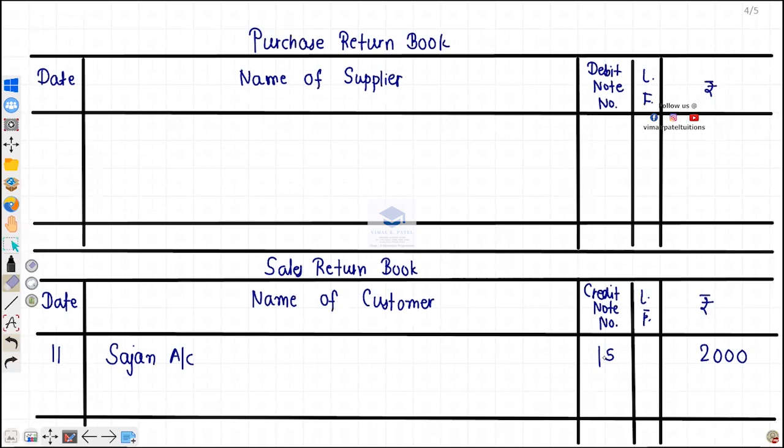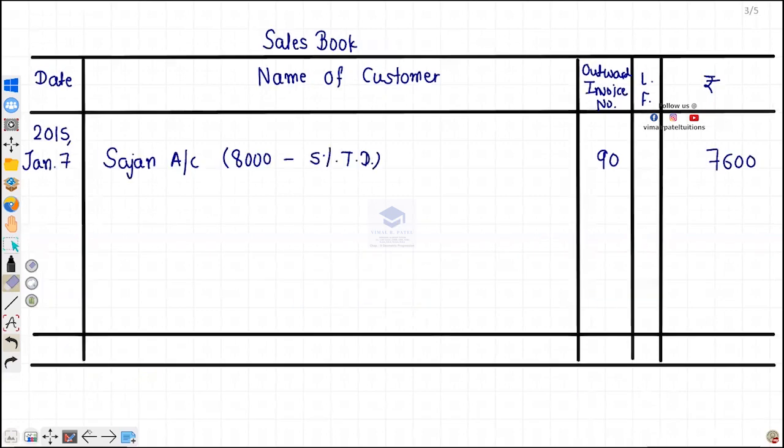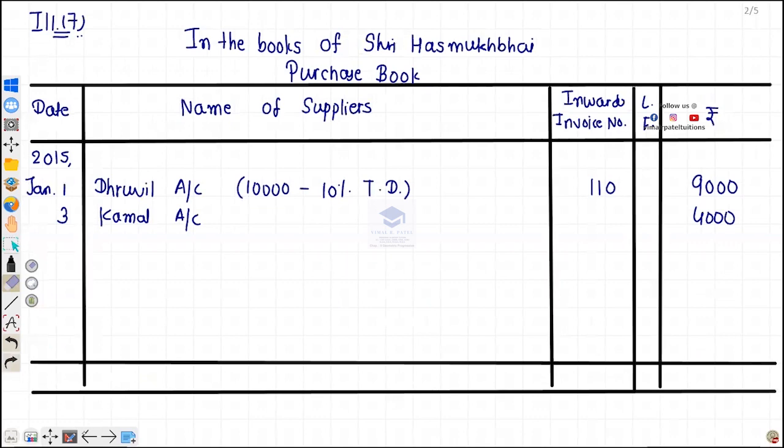Credit note number 15. 10% of goods returned to Dhruvil and debit note 16 sent to him. On 1st January, we purchased goods from Dhruvil worth rupees 9,000 after trade discount. Out of that, 10% goods we are returning back to him.